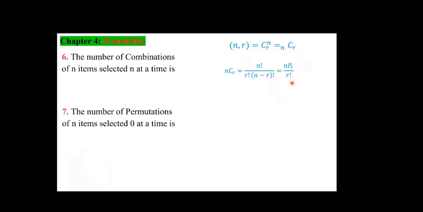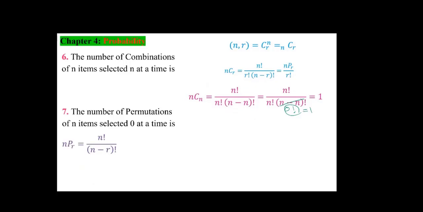So let's go through the process. Remember, in this example, n as well as r are both n. Therefore, n factorial over n factorial times n minus n factorial. Now, this one is 0, and 0 factorial is equal to 1. So you want to change that to 0. For nPr, it's n factorial over n minus r factorial.